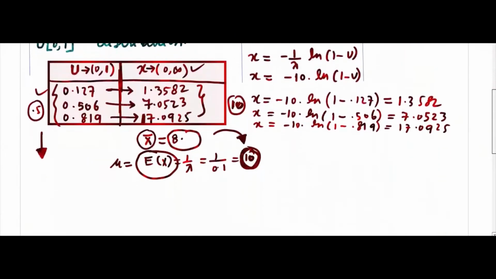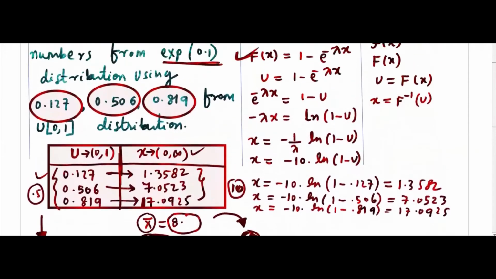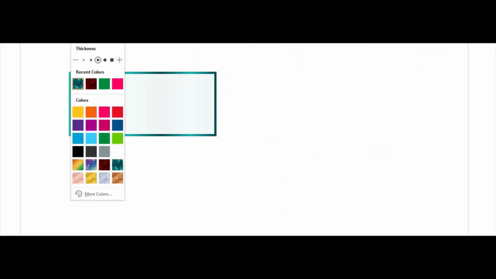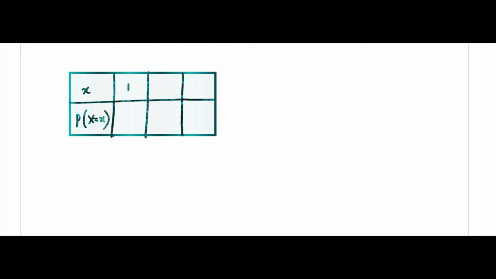Now we'll go to the discrete distribution. This is about continuous distribution. So let's go to discrete distribution. We'll consider one discrete distribution. I'll write 1 to 3.